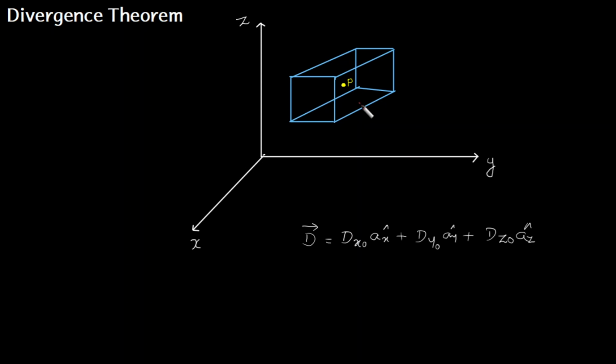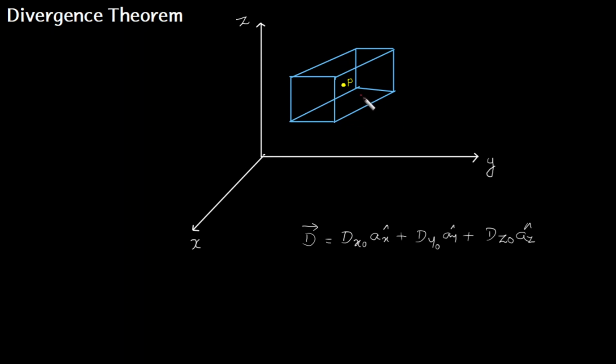Now see here, this point P is where my charge resides, basically a point charge, and this is the closed surface, because this is the volume enclosing that point charge. So I can consider this as a closed surface enclosing the charge residing at the small point P, so that I can easily apply Gauss's law to this surface. If I apply Gauss's law, the total flux coming out will be equal to the total charge residing.